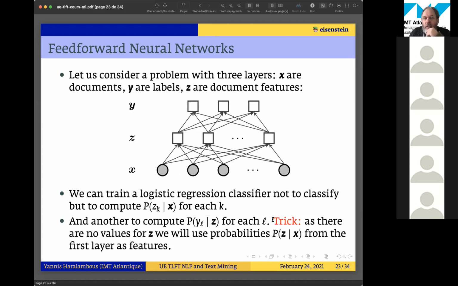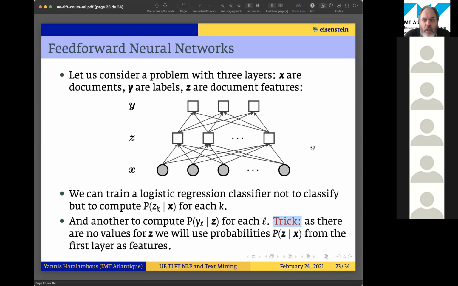And now there's a trick. The trick is that maybe we don't know these features Z after all. Maybe we just guess there might be features like that. We don't know them, but we consider that it would be nice to consider them in some way.